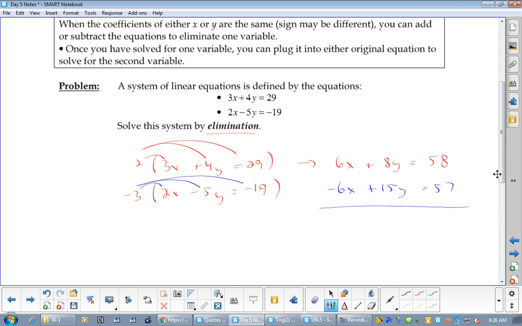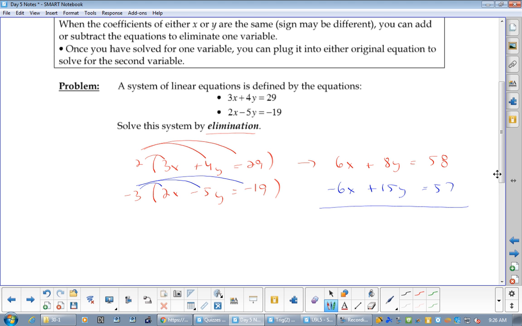Now, if I add those two together, do I eliminate something? If I subtract those two, will I eliminate something? No. If you like to subtract, you probably would have multiplied your bottom by 3, and then you could subtract the 2. But students mess up subtraction a lot. I always like to do what gives me the greatest chance of success.